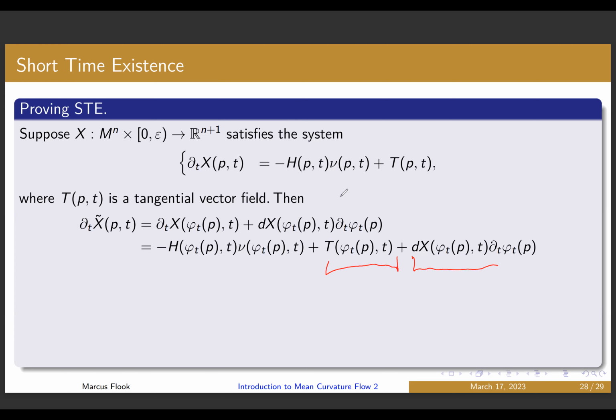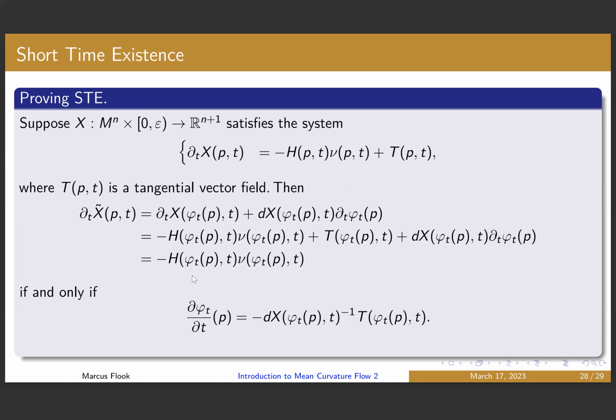So clearing that, what we arrive at is that this is equal to this term here, if and only if the time derivative of our family of diffeomorphisms satisfies this equality here. Whatever tangential motion we have, we're trying to construct a family of diffeomorphisms which is reversing that.